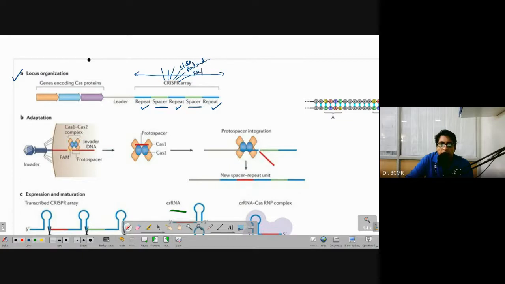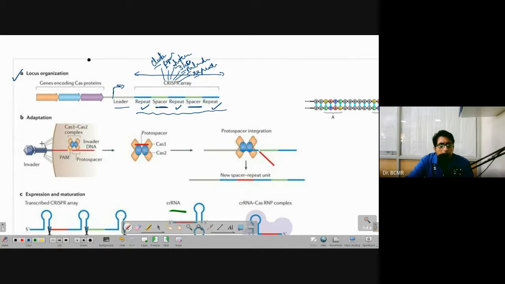We have to get used to it and keep using it often. Interspersed, this is regularly, and this is clustered. Clustered, regularly interspersed, short palindromic repeats. There is a leader, and you have a promoter here, which will allow the transcription of this whole region as one RNA, which will further undergo cutting and maturation.